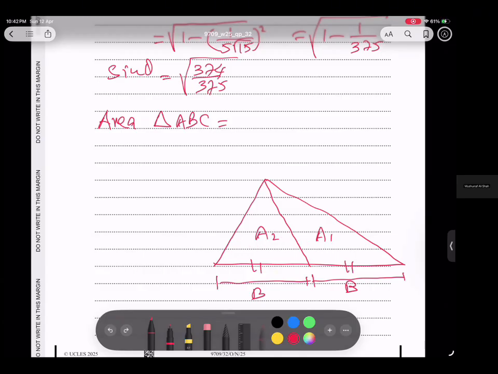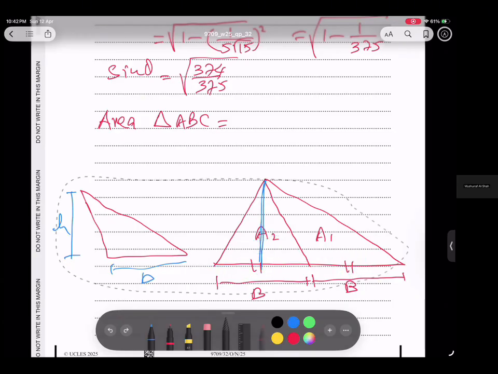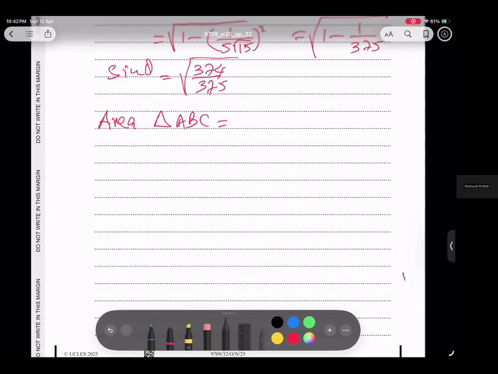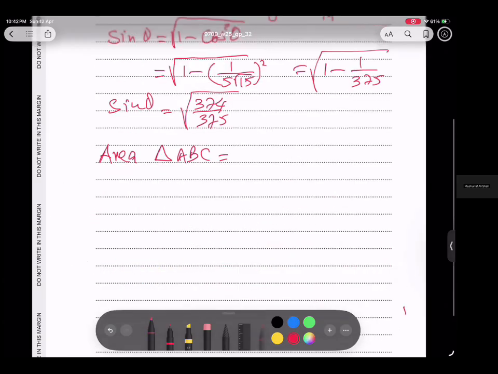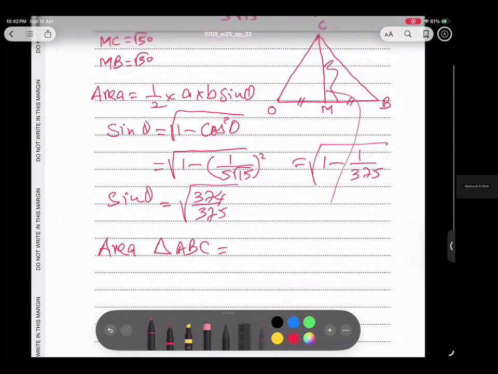The reason is that the height of this triangle is the same. Height is this, and this is called the base. So it means if the bases are equal in length, the areas are equal to each other. That is a fixed criterion. So if you are looking for the full area, multiply this triangle's area by 2.